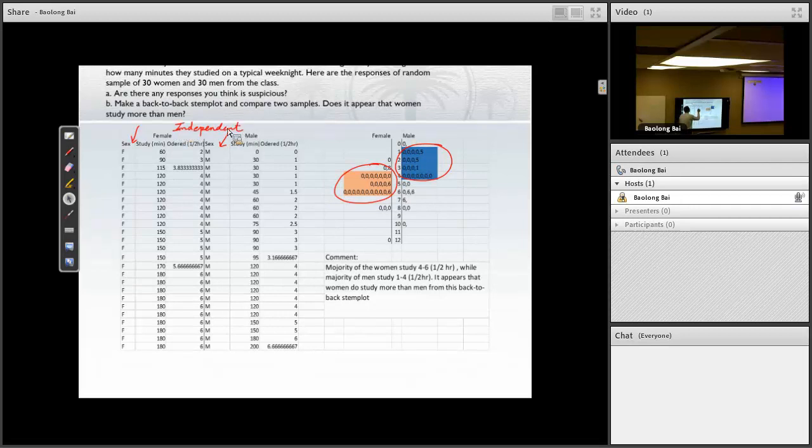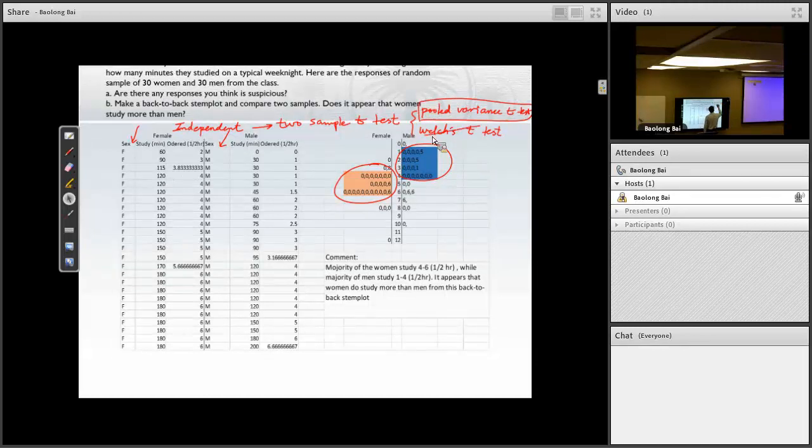So if they're independent, we're going to do a two sample test, right? And for the two sample t-test, we have two options: pooled variance and Welch's. But we're only going to study pooled variance, right?